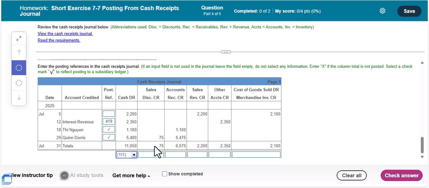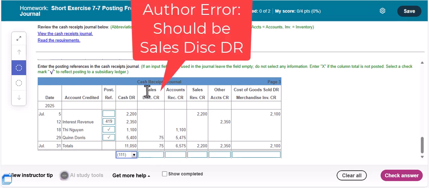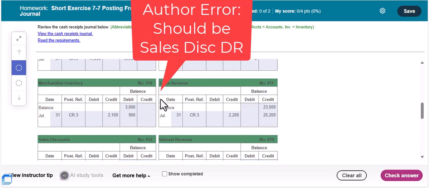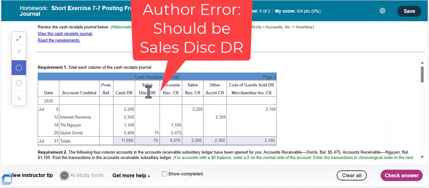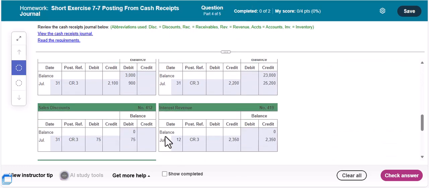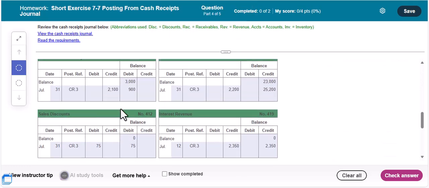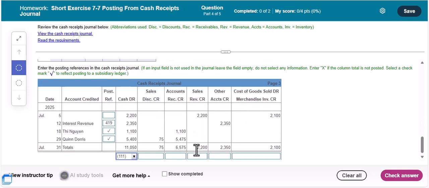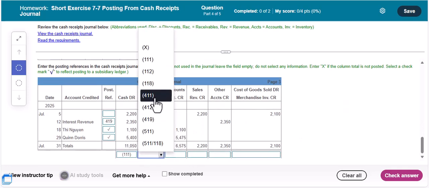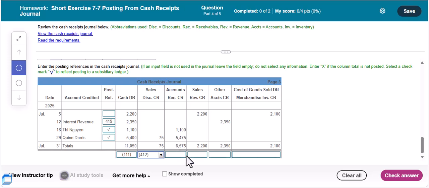Actually, that is not an oops on my part. It looks like the authors messed this one up. So sales discount should be debit, not credit. They did get it right, however, in the first portion here, sales discount debit. So we can go back down here, and that was account 412. So we're going to say yes, for the sake of this problem, that is correct.